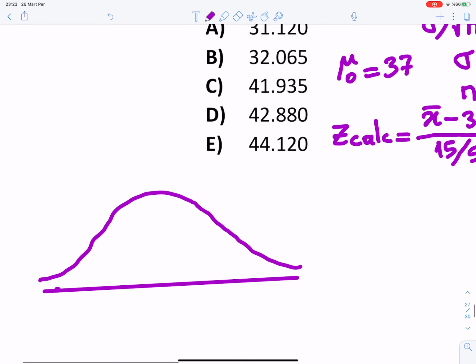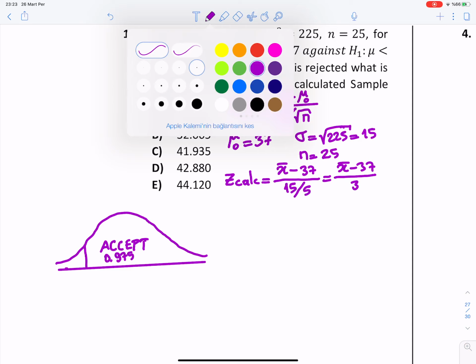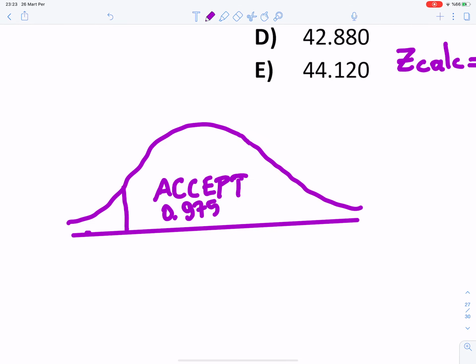You have the rejection part on the left, and this is the accept region. The accept region is in total 0.975, so the alpha level is 0.025. Let me write it. This is 0.025, that's the rejection part.